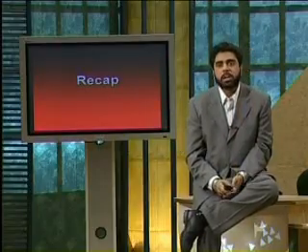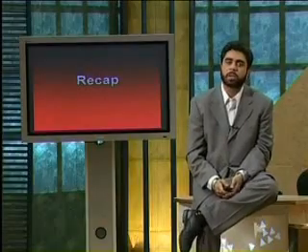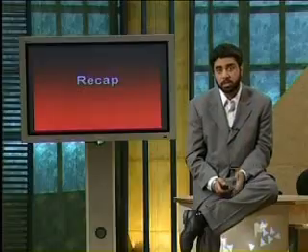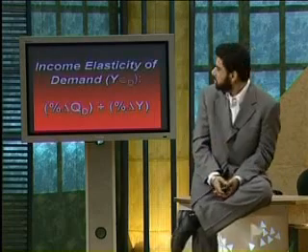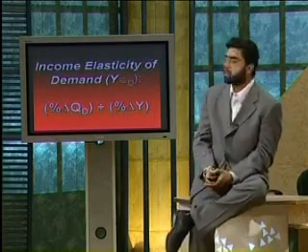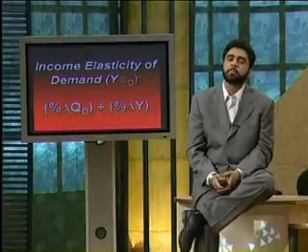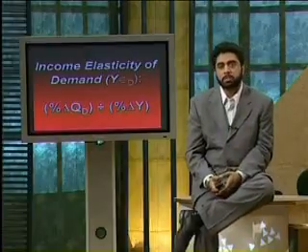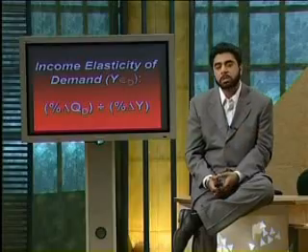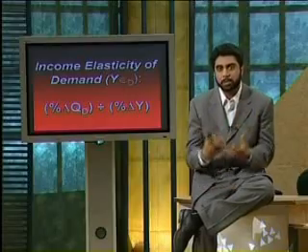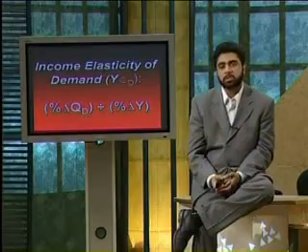So now, let's start with a discussion of the two types of elasticities that we mentioned and defined earlier on, but didn't go into as much detail. The first one was the income elasticity of demand. And this basically measures the responsiveness of quantity demanded of a particular good to a change in the income of consumers.